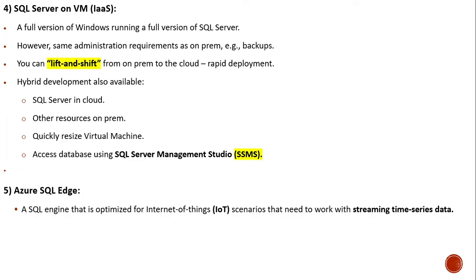Again, you can read a few of the important points about SQL Server on a virtual machine, and you can have this as an infrastructure as a service option. Next is Azure SQL Edge. This is specifically optimized for IoT scenarios and to work with streaming time series data.